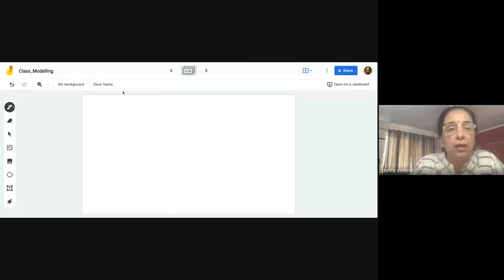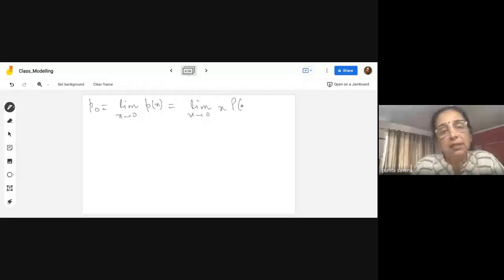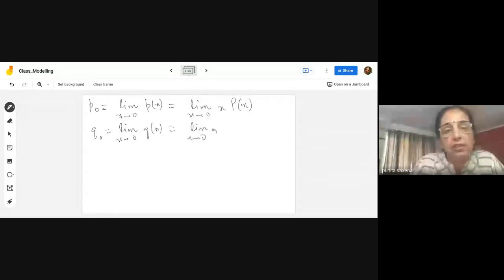Again, all these are interrelated. When I'm saying my p naught is the limit as x tends to 0 of small p(x), isn't it the same as the limit as x tends to 0 of x times capital P(x)? Similarly, my q naught, which is the limit as x tends to 0 of small q(x), is it the same as the limit as x tends to 0 of x squared times capital Q(x)? So there is a relation between them which we should not forget.